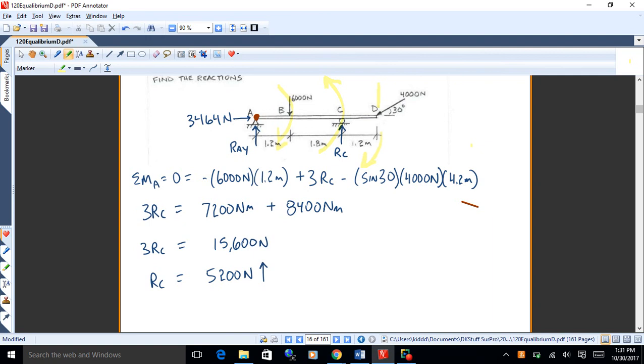And then I just work through the algebra there, get the 3RC on one side and everything else on the other, and divide by 3, and I get 5,200. It's positive, so it does act up like I assumed. Doing all right on that? Got any questions?